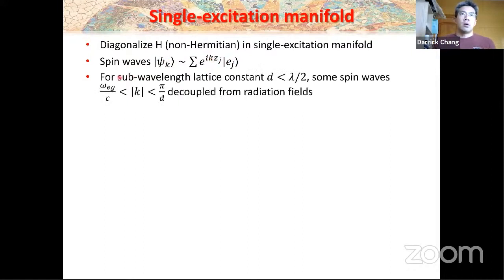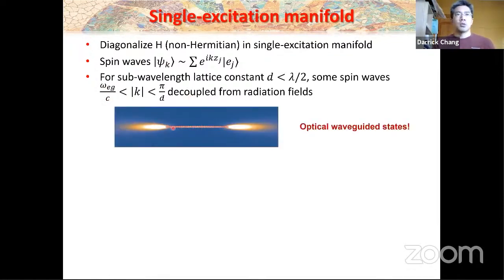And then one special thing that occurs is that when your lattice constant is small enough, so basically sub-wavelength, your spin wave vector, which can be as large as pi over d, that's just the size of the Brillouin zone, can actually be larger than the wave vector of radiation fields, omega over c. So what that means is that some of these spin waves can actually decouple from radiation fields, and therefore this excitation should be long-lived.